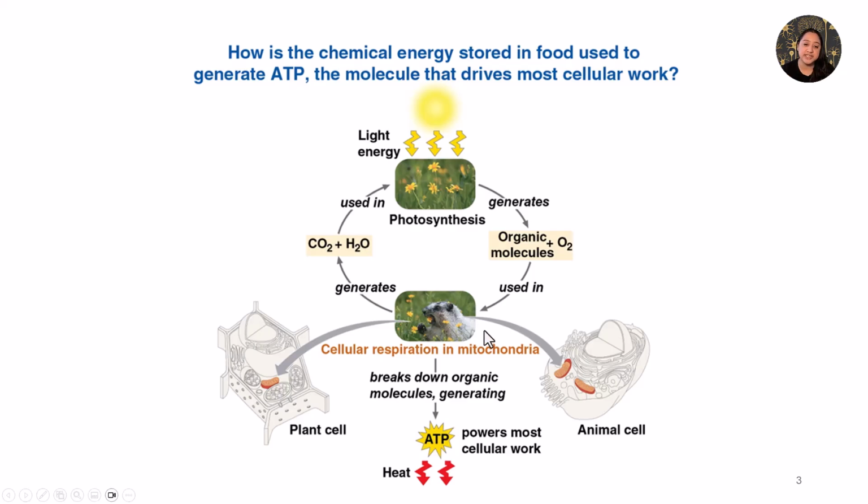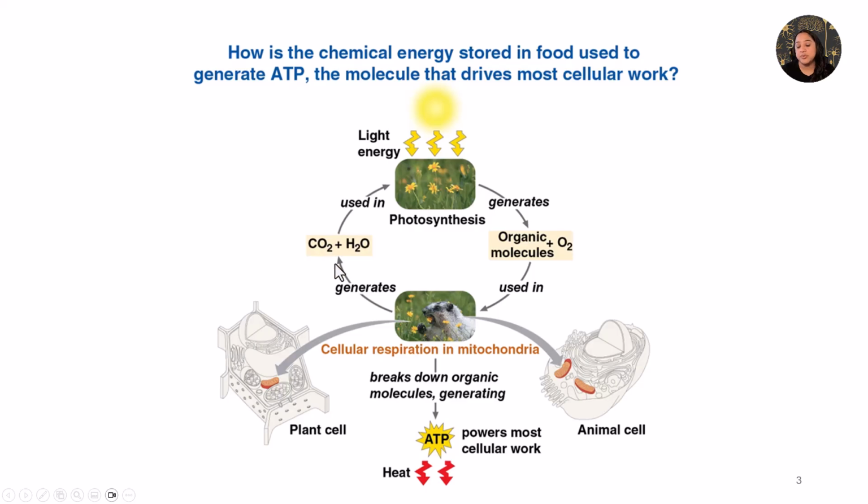And other organisms like us, we take in the oxygen, we breathe in the oxygen. We eat the organic molecules when we eat the plants. And we use that to do cellular respiration. And so that helps give us energy in the form of ATP. And then we also happen to produce carbon dioxide as a byproduct.